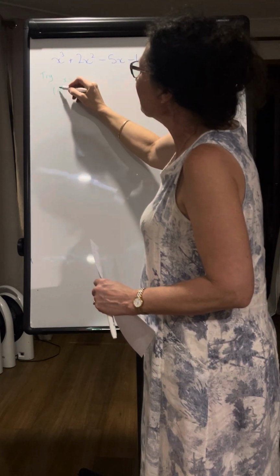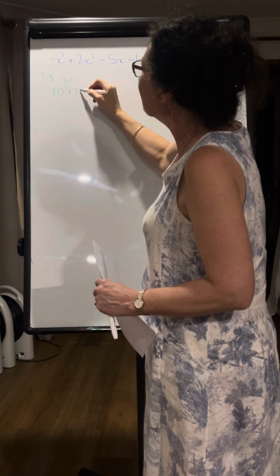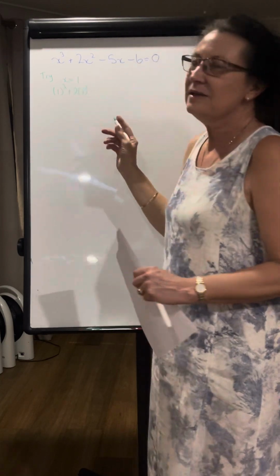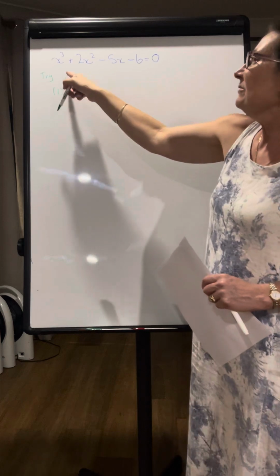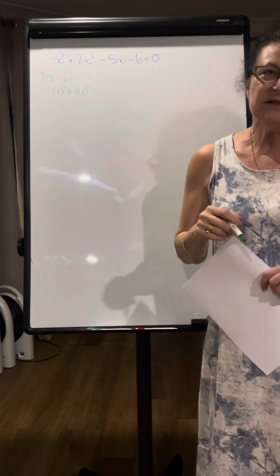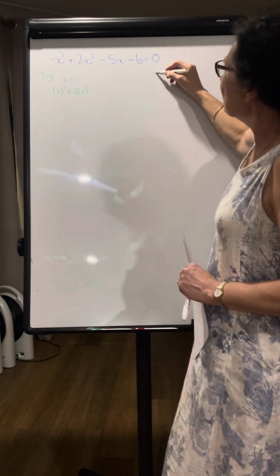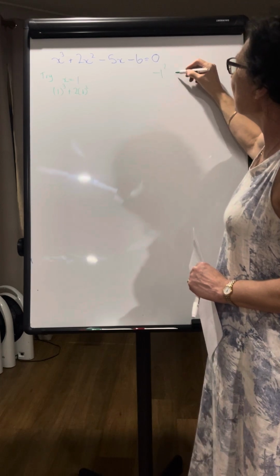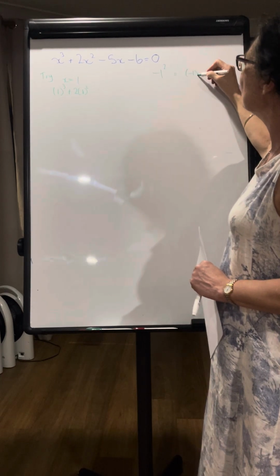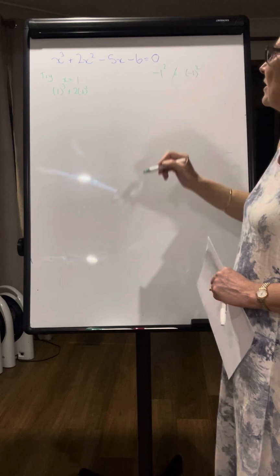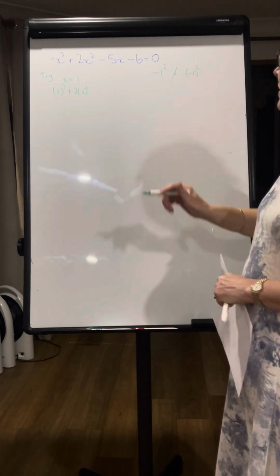So we test it: 1 cubed plus 2 times 1 squared. A little hint: always put the value of x in brackets. It makes a big difference if it's negative, because negative 1 squared is very different to negative 1 all squared, and you will get it wrong.